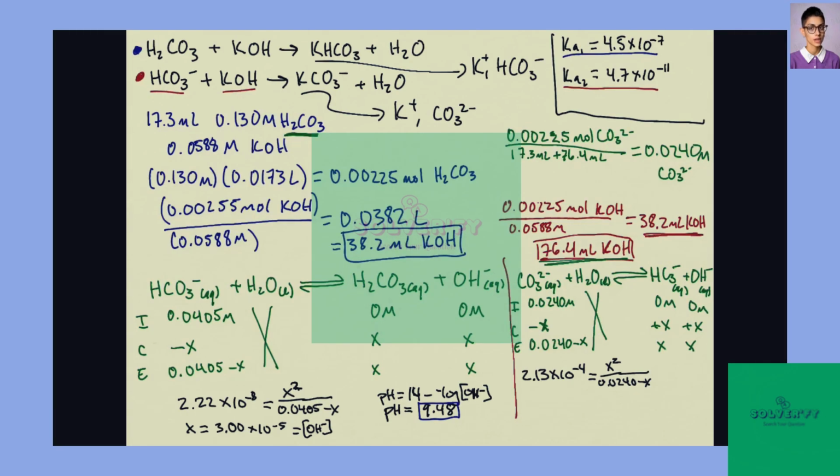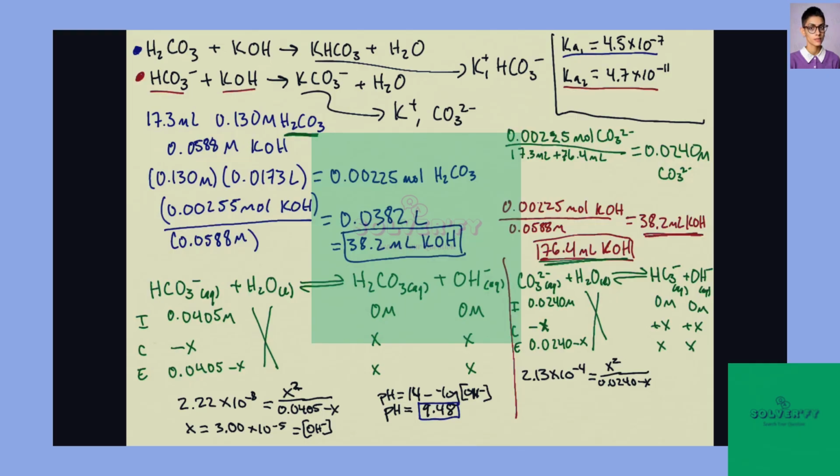Here, if we make our small x assumption and we solve for x, we get a value of 0.00226, which actually does not validate our assumption, so we have to do it the long way.